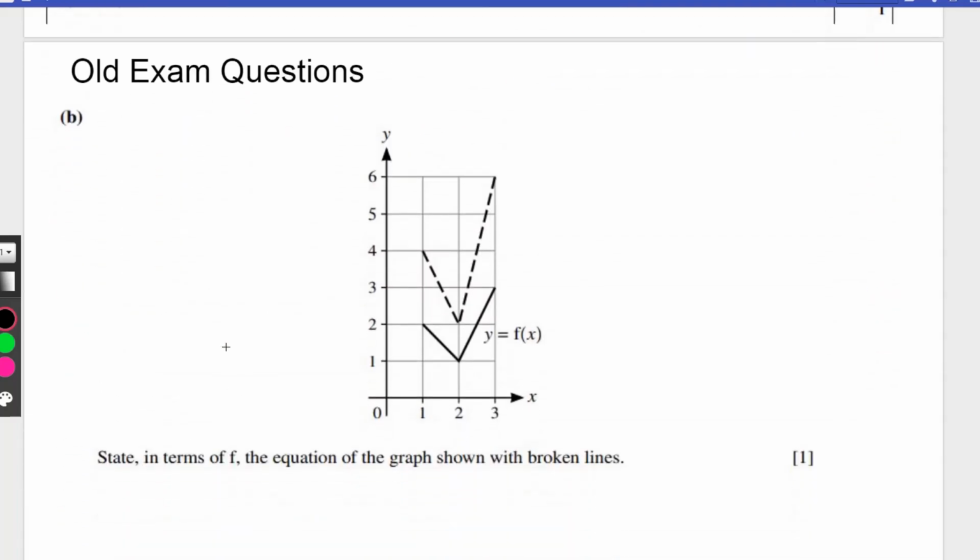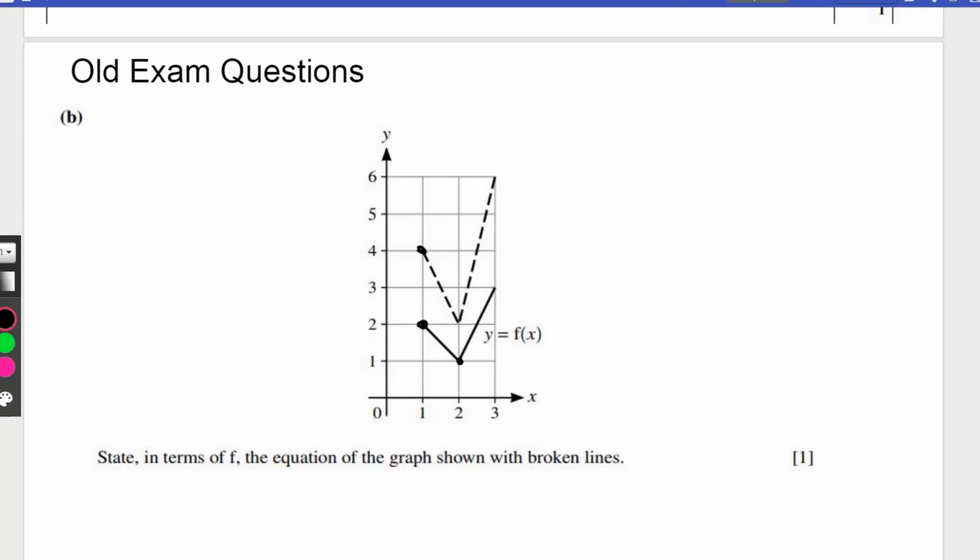So tell me about this one then. What's happened here? Pause it, jot it down. What happened from solid to dotted? So again, this can't be a translation because the shape is not the same. It's not a reflection because we're not over the y-axis or the x-axis. So there must be some kind of stretch. So let's take a look at these values here. This y used to be a 2, and now it's a 4.